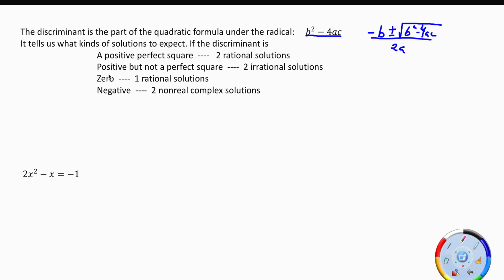If it's a positive number but it's not a perfect square, like 27, we'd be taking the square root of 27, and I'd still get a plus square root of 27 and a minus square root of 27, but these would be 2 irrational solutions.